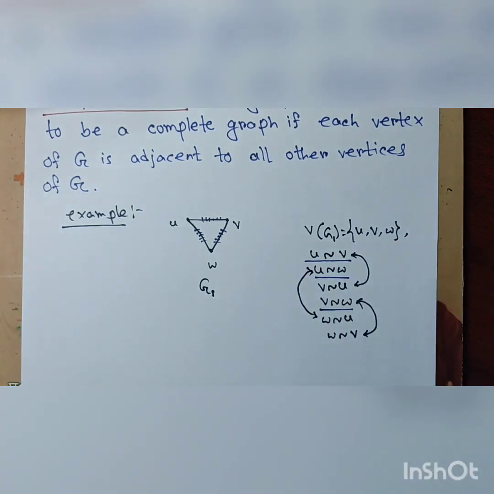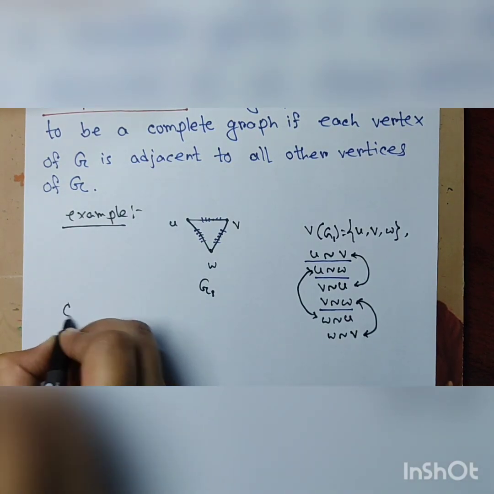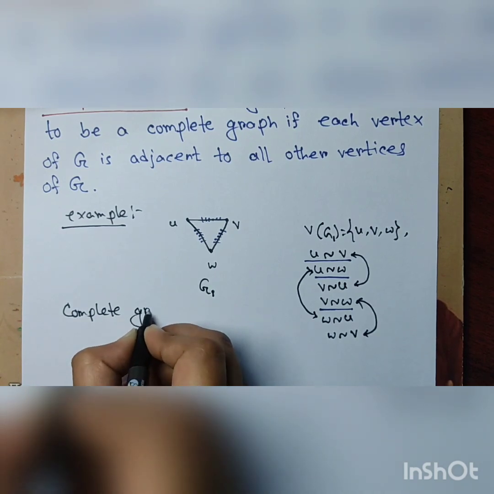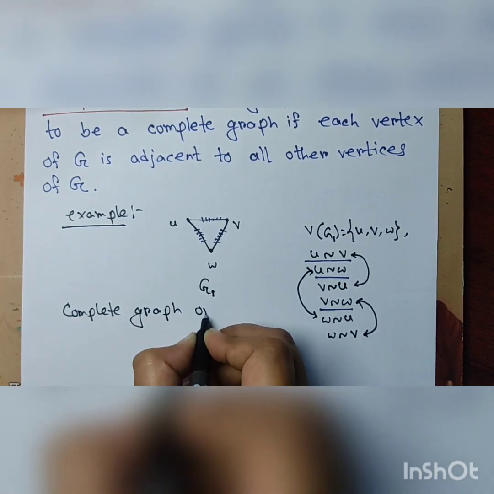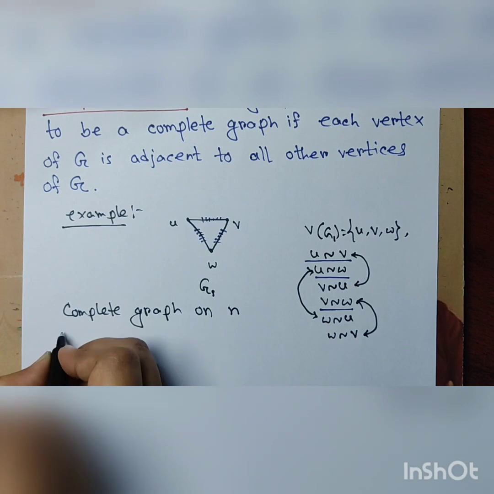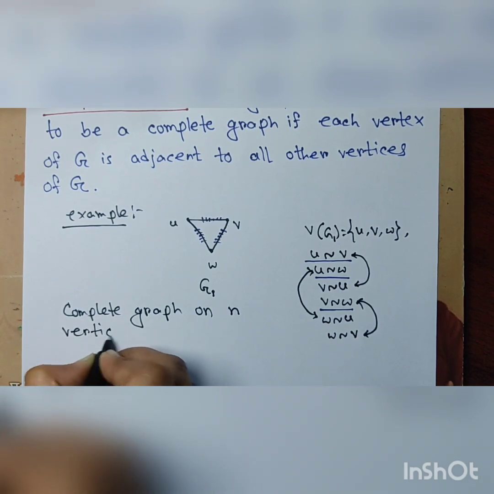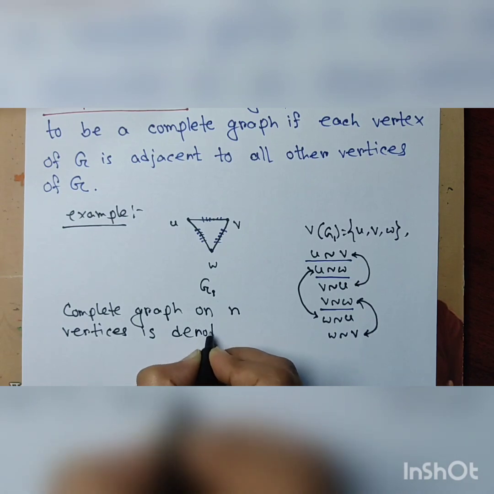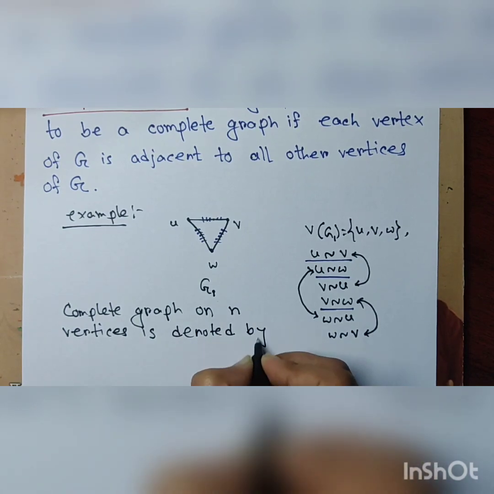We have a special notation for complete graphs: a complete graph on n number of vertices is denoted by Kn.